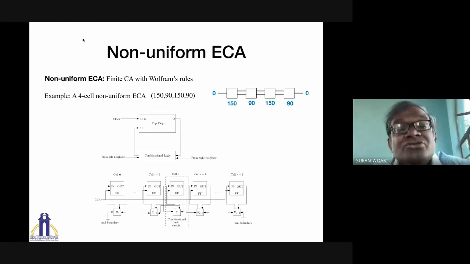Note that traditional techniques of generating random numbers, for example LCG, which you used in your C programs, rand, it is not so easy to implement them in hardware. So that is one reason why CA becomes so popular as pseudo-random number generator.